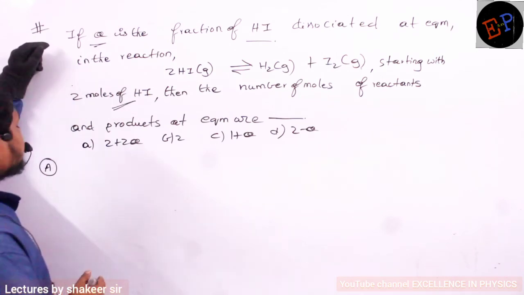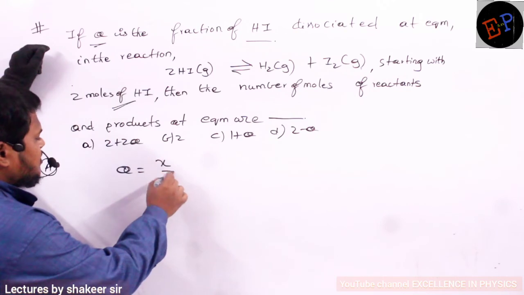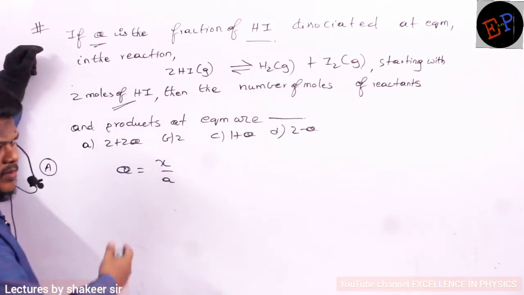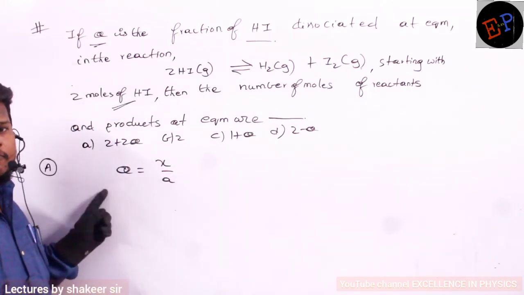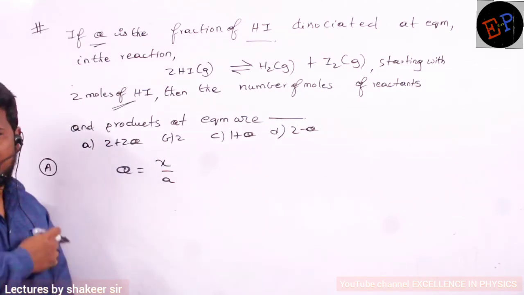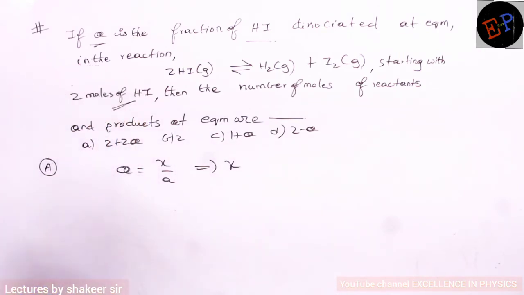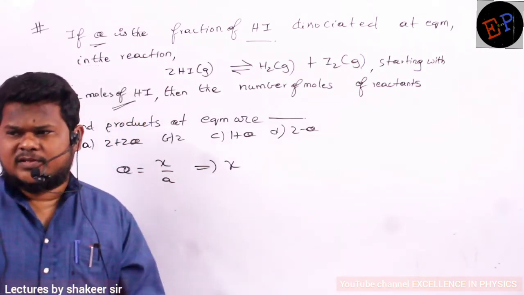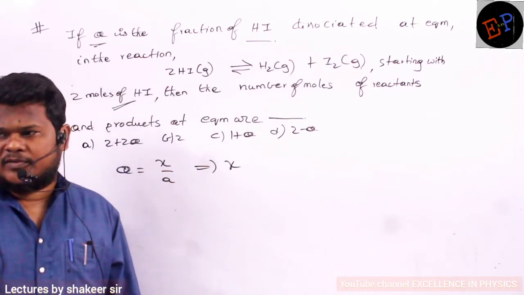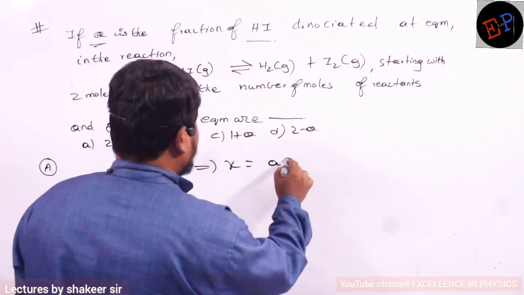Let us proceed. First he gave the alpha value. Alpha is nothing but x by a. What is alpha? Fraction of dissociation, x by a, which we have already written in the equation. So from this I need to calculate the x value. And what is x? x is the extent of dissociation, or the number of moles which have dissociated. So x is equal to a into alpha.